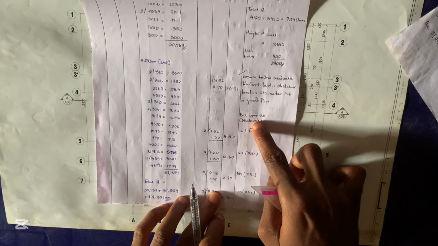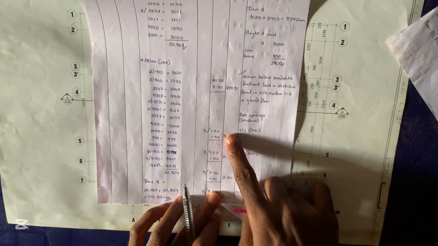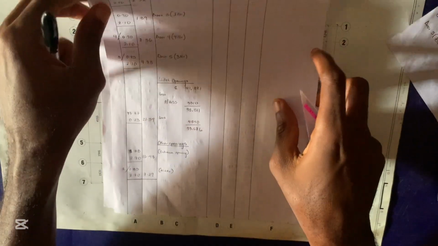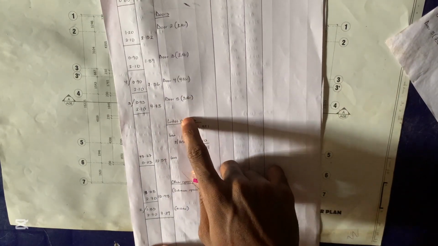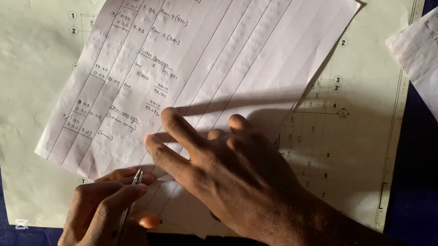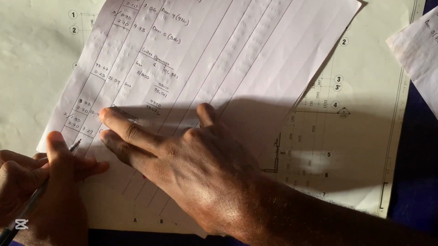So we're going to be deducting the individual openings, which we've calculated here for the windows and door areas. As you can see here, we'll minus it from that value. We'll also minus the lintel openings from that value, and we'll also minus other openings from that value. And when we minus this, we're going to be having 197.12.